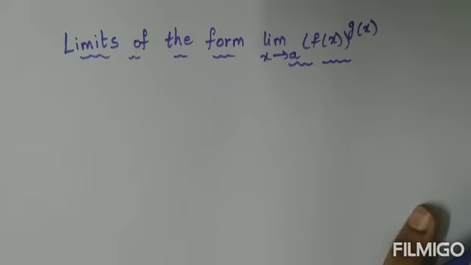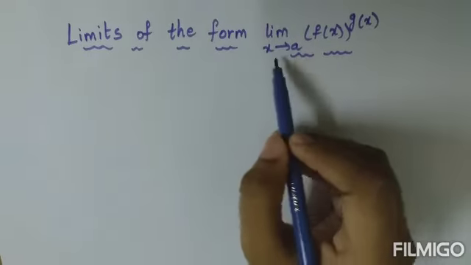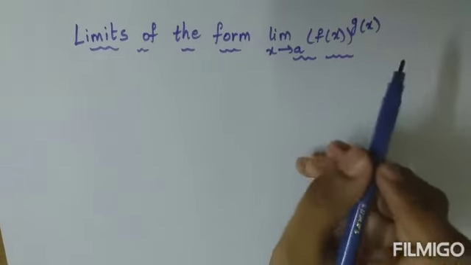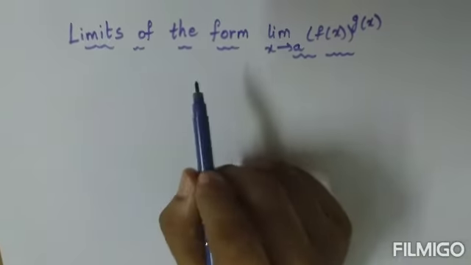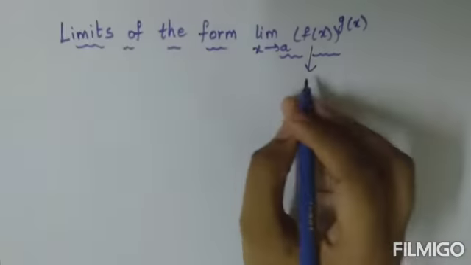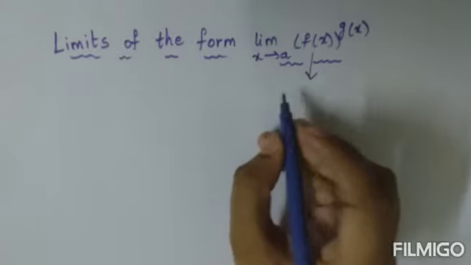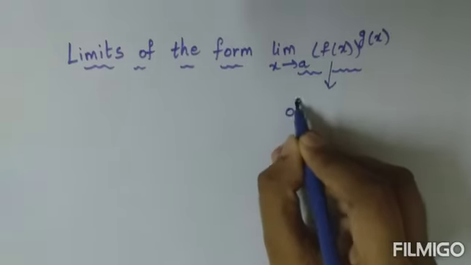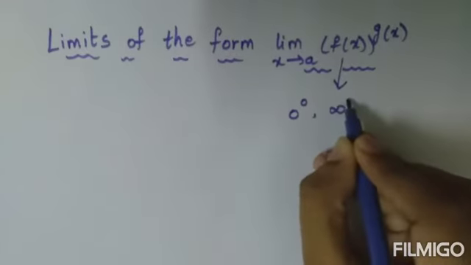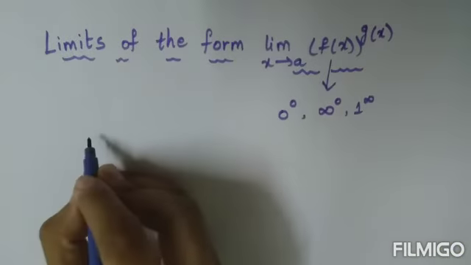Now let us see how to solve the limits of the form limit x tends to a, f of x power g of x, when this goes to an indeterminate form, which we have seen in the previous session, like 0 power 0, infinity power 0 and 1 power infinity. So let's go.